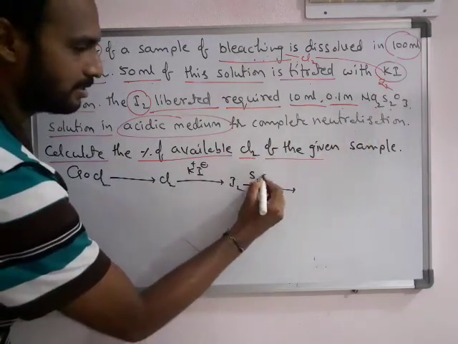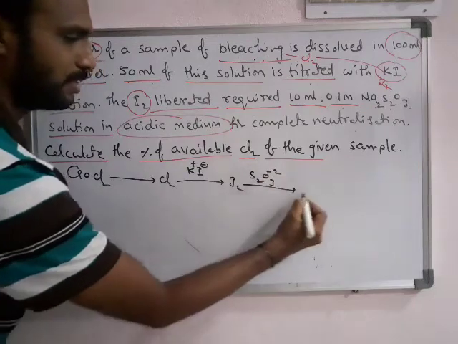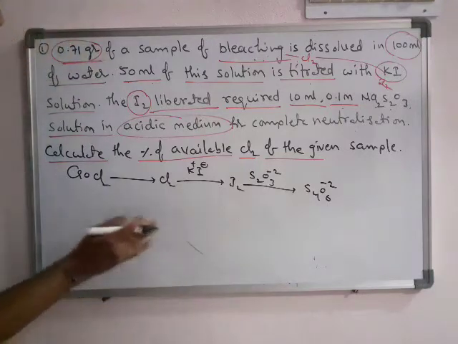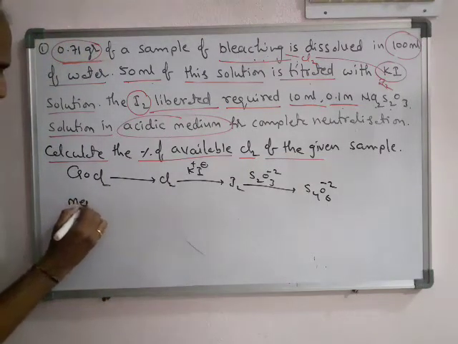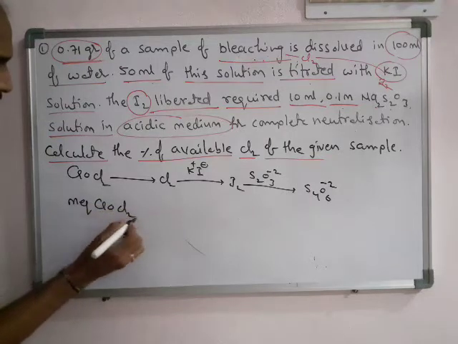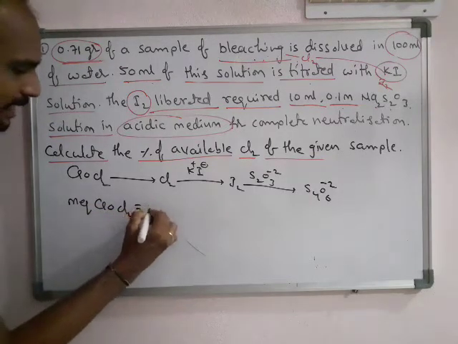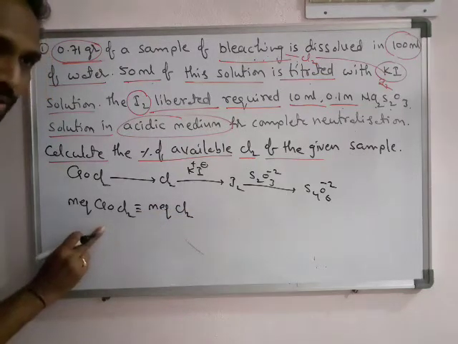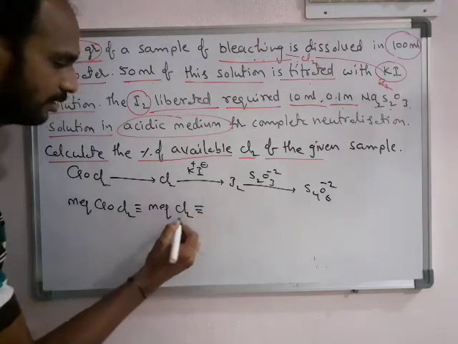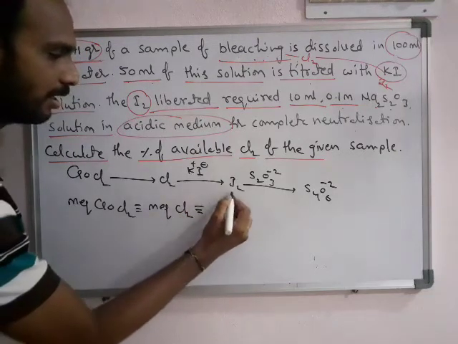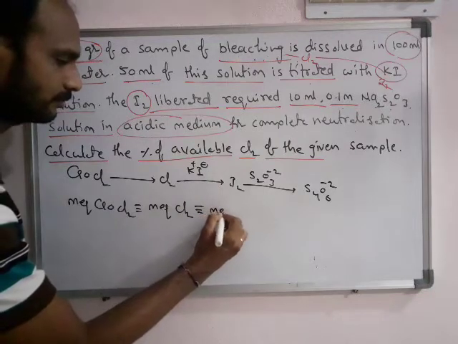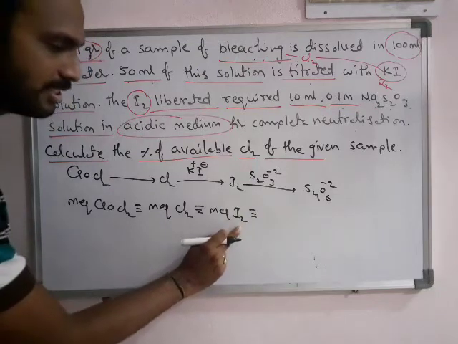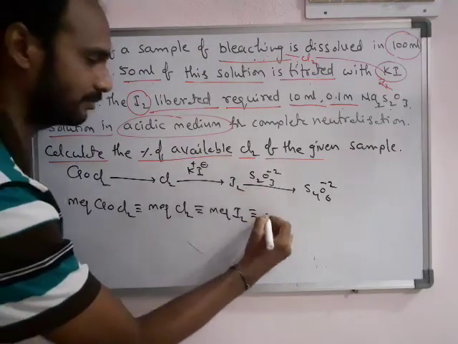Here the reacting part is S2O3 minus 2. On this relation, the milliequivalents of bleaching powder is exactly equal to the milliequivalents of chlorine obtained from this bleaching powder, from which iodine is liberated. How much iodine is liberated is exactly neutralized by this one.